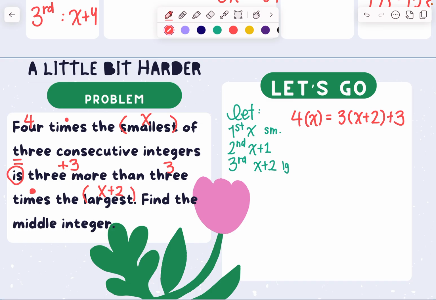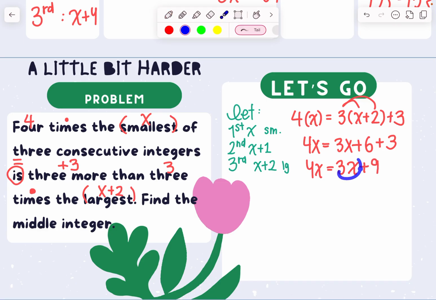So I basically need to do some level of simplification. I'm looking at 4x is equal to, let's distribute, 3x plus 6, add 3. I'm going to simplify some more. I'm going to add the 6 and the 3 to get 3x plus 9. I'm going to subtract this 3x over to the other side to join the 4x. By doing that, I'm going to be getting x is equal to 9.